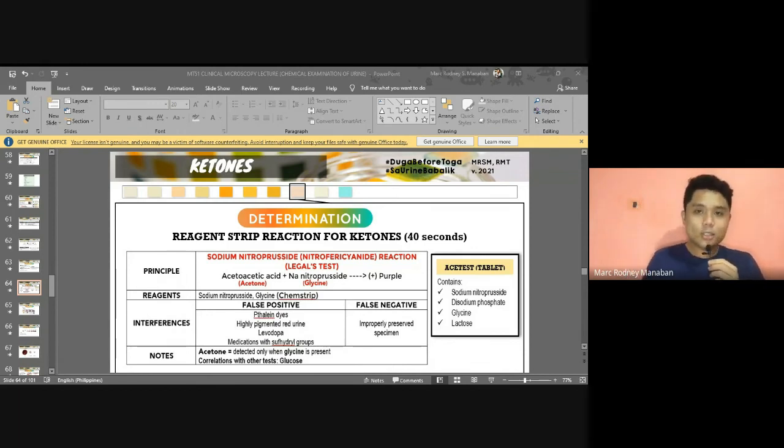Okay? And acetone, in patients with diabetic ketoacidosis or increased ketones in their blood, can be detected through the odor of their breath, okay? Because acetone is released through the lungs, through the exhalation. And their characteristic odor of breath is fruity, no? Smells like fruit because of the presence of acetone.